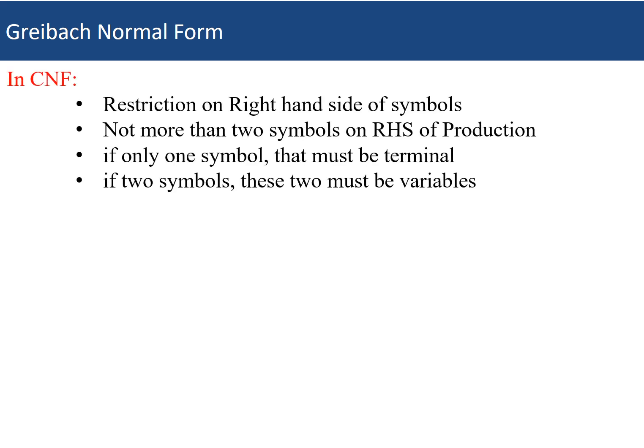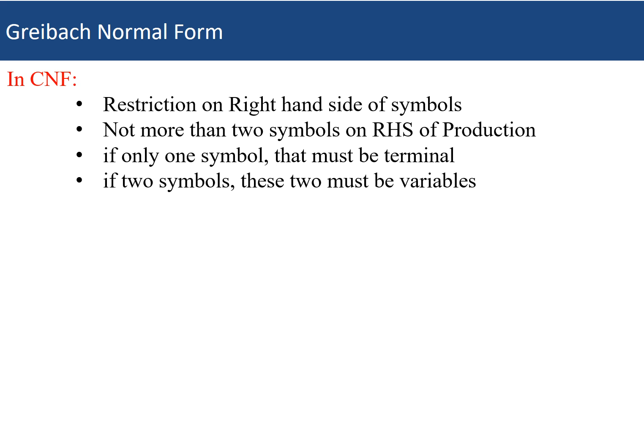In CNF, there is a restriction on the right hand side of the production. That means not more than two symbols on the right hand side of the production, and if only one symbol, that must be a terminal symbol.